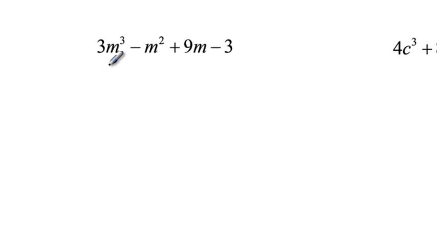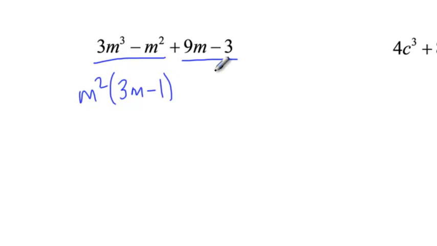All right, let's do 2 more examples. Our next example is 3m cubed minus m squared plus 9m minus 3. When I look at the first 2 terms, what's common? m squared. And that will leave me with 3m minus 1. What's common between 9m and negative 3?